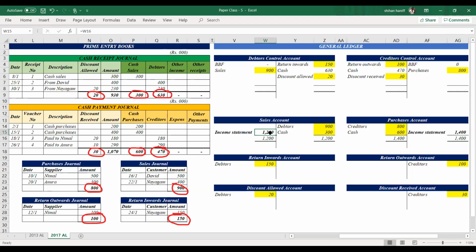The difference in the sales and purchases we transfer to the income statement, and also the return inward and return outward we have to transfer to the income statement.